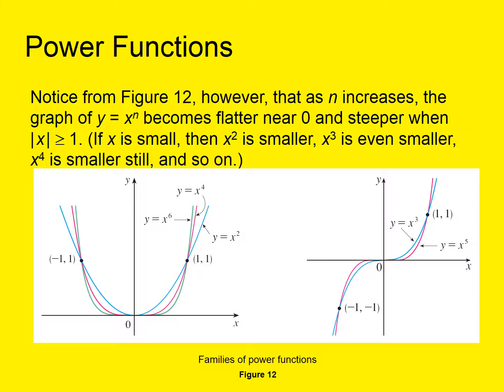Notice from Figure 12, however, that as n increases, the graph of y equals x to the n becomes flatter near 0 and steeper when absolute x is greater than or equal to 1.